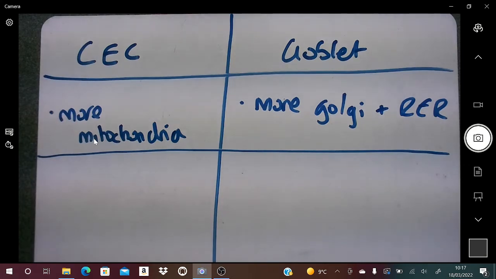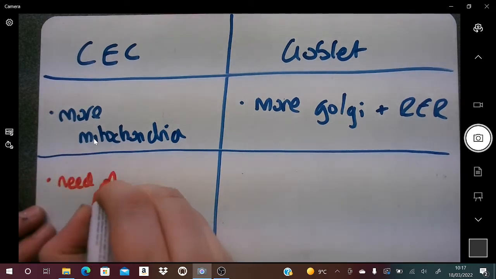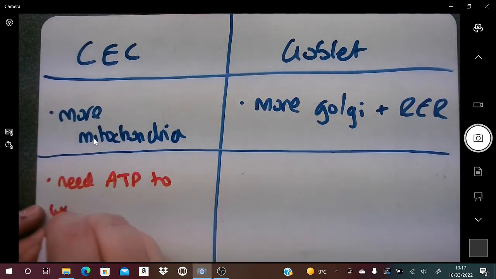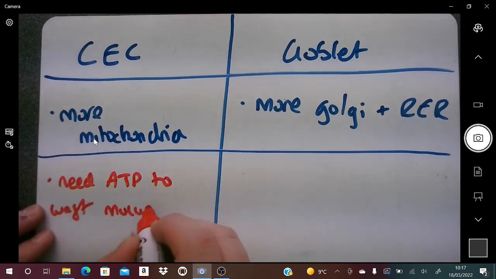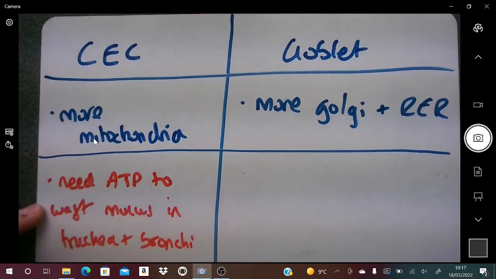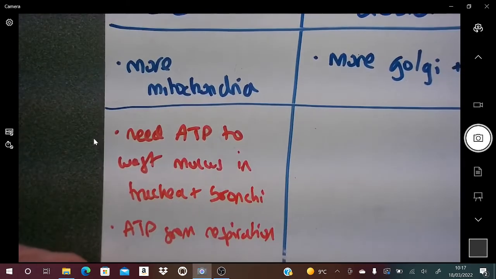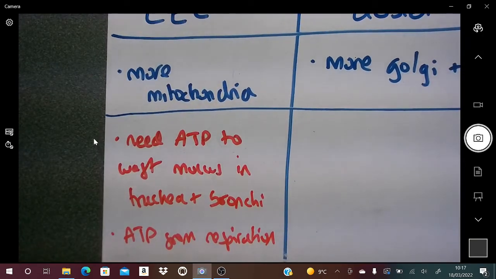So your science here is that ciliated epithelial cells need ATP to waft mucus in the trachea and bronchi. ATP from respiration, and obviously mitochondria are the site of aerobic respiration.